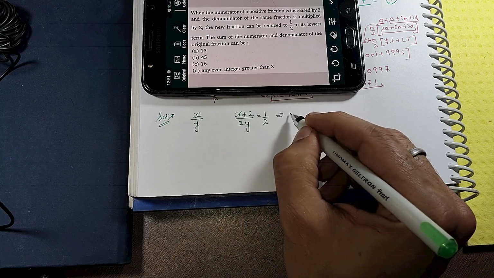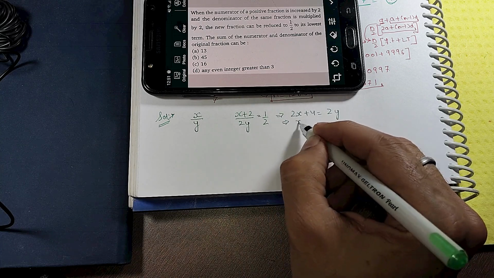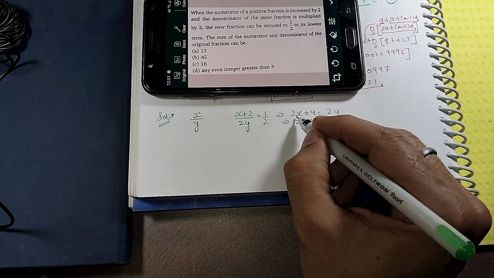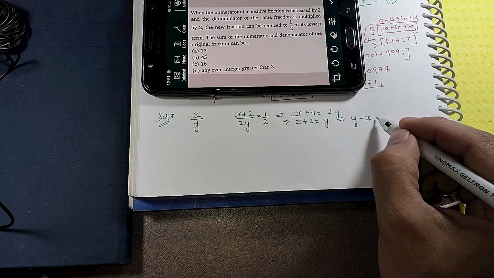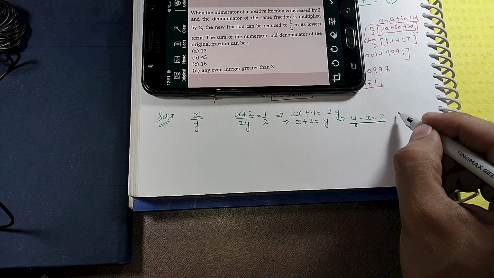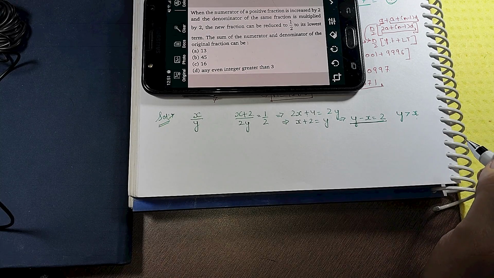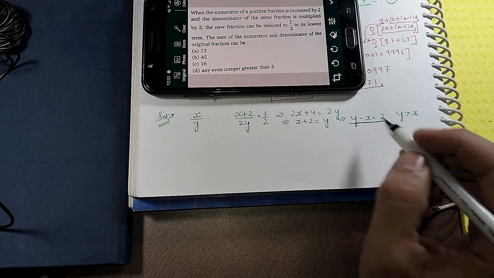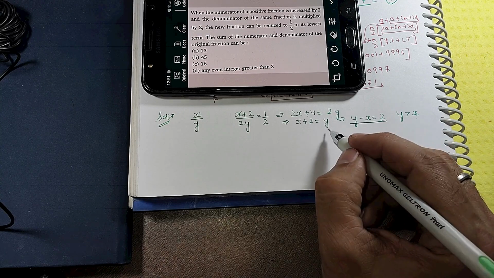Now by cross multiplication I get 2x plus 4 equal to 2y. Or I can write x plus 2 equal to y, taking 2 common. Or I can write y minus x equal to 2. So what do we deduce from here? That y is greater than x, that denominator is greater than numerator. And for second thing, you see that the difference of two numbers is even. So in what cases can it happen?